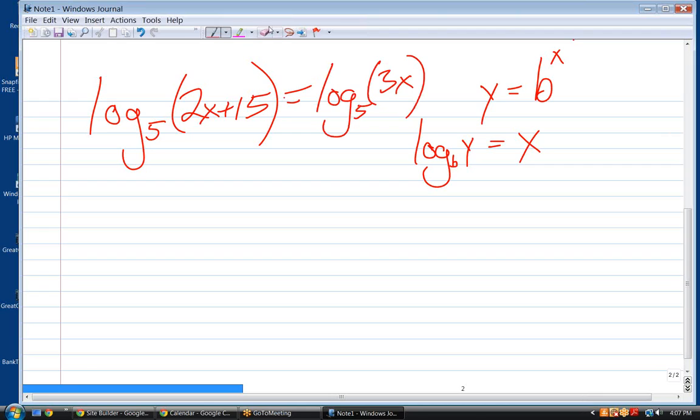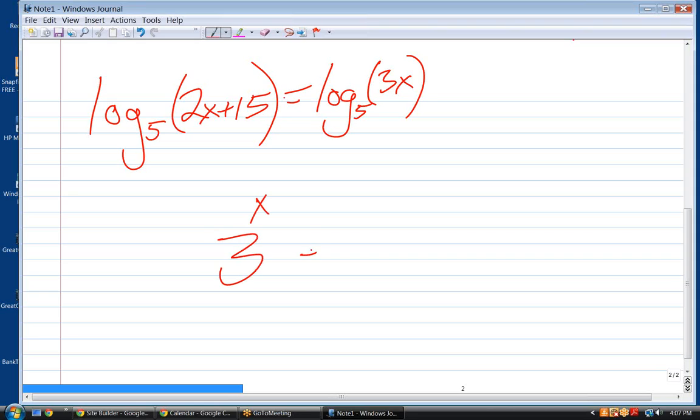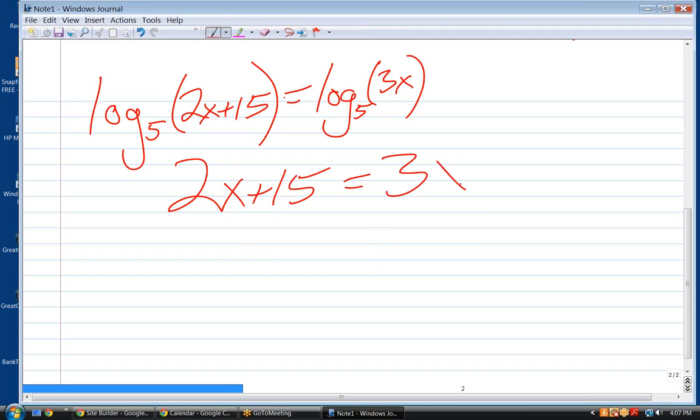When you have the log of an argument equals the same base log of a different argument, then you can equate the arguments. It's kind of like saying if 3 to the x equals 3 to the y, then x equals y. Similar here. So all I really need to say is 2x plus 15 equals 3x.